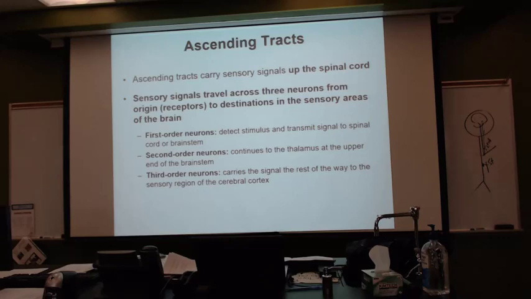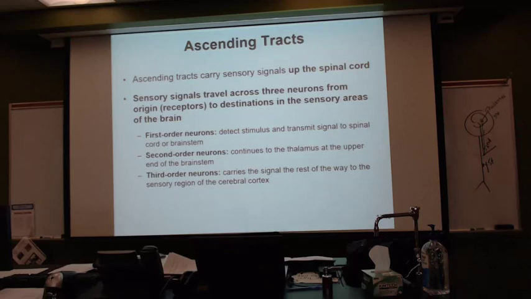Have you ever heard of that? So, we reach the area of the thalamus, and it will synapse with a neuron in the thalamus, and that will be my third order neuron.